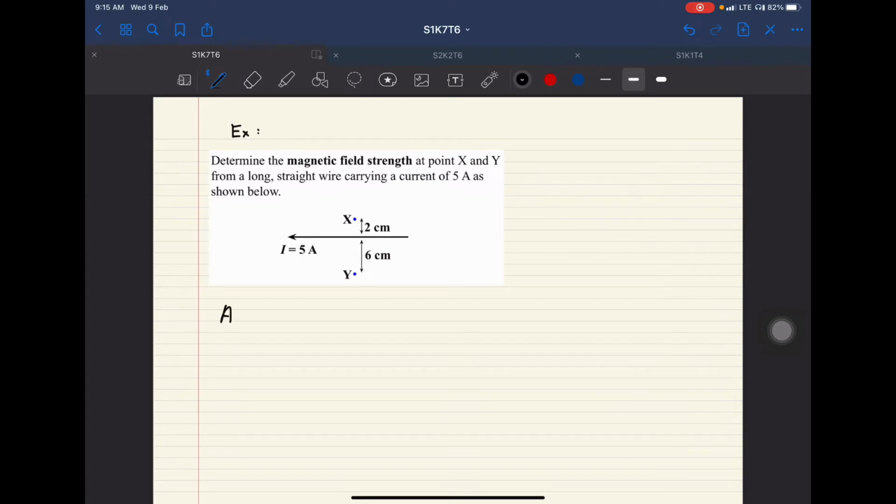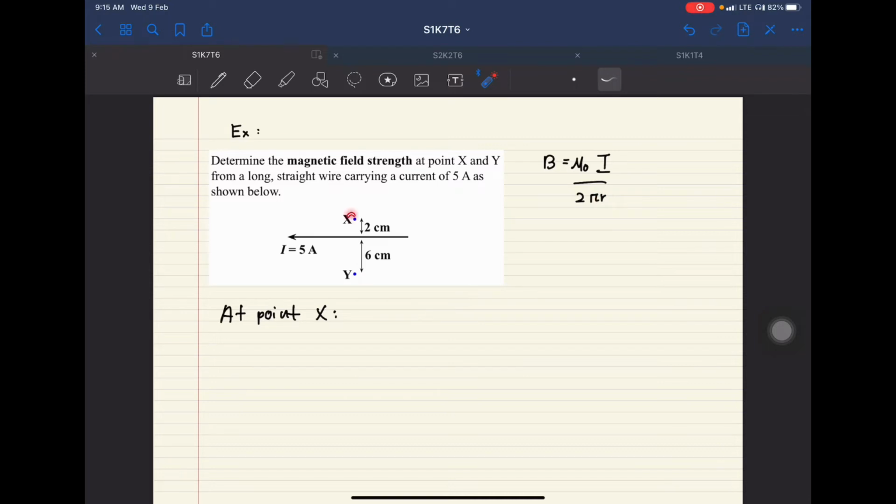So at point X, if you get this kind of example in exam, the first thing is that you have to determine which formula you want to use. This is a straight wire carrying current, that means this is a long straight wire. So you can use the formula B equals mu naught I over 2 pi R. Current is given as 5 amp, mu naught is 4 pi times 10 to the negative 7, and R is the distance.